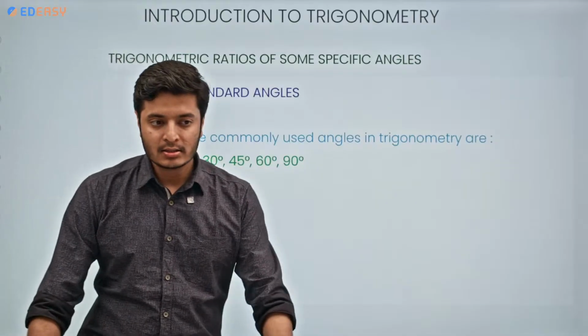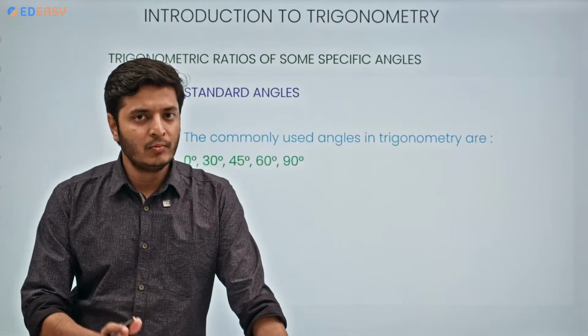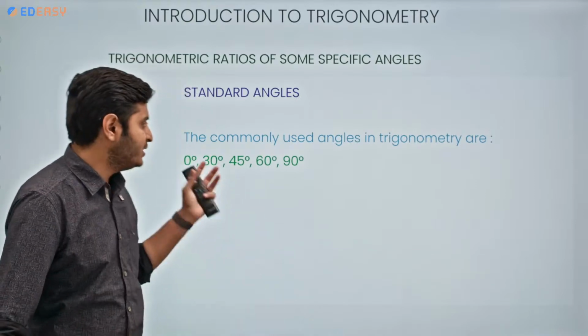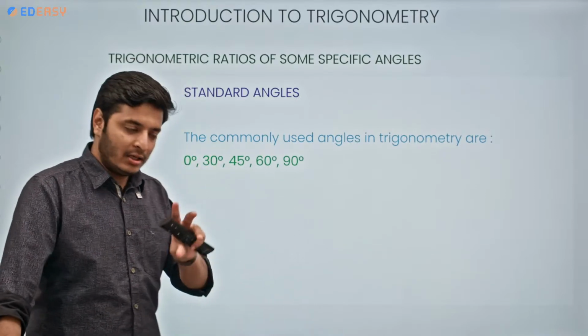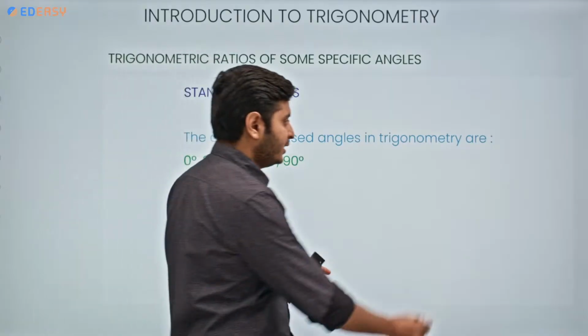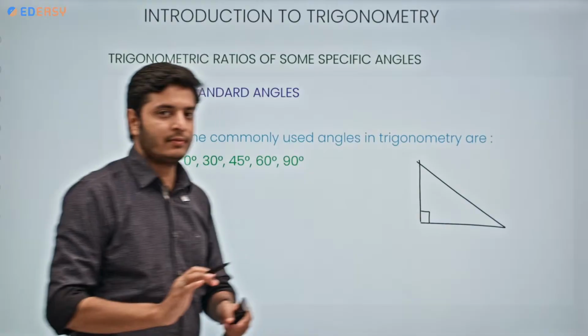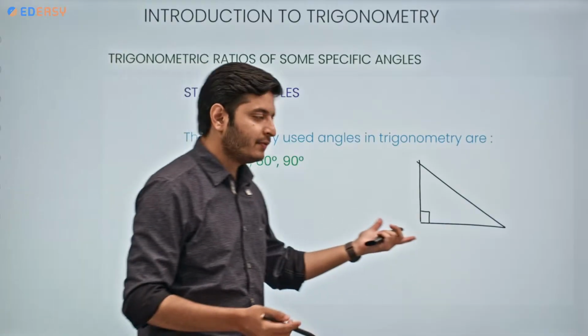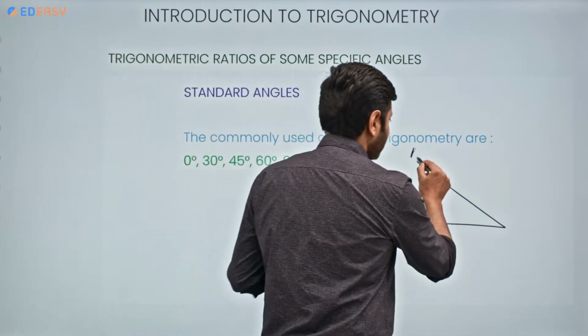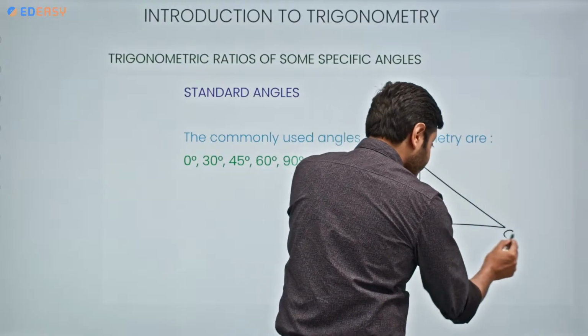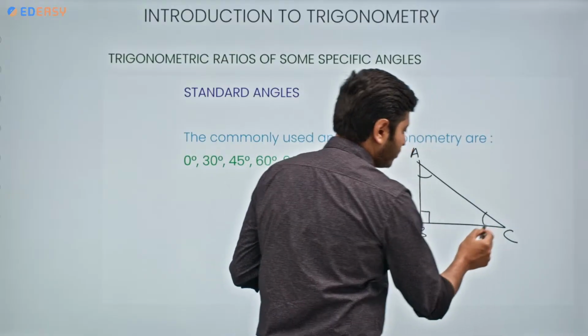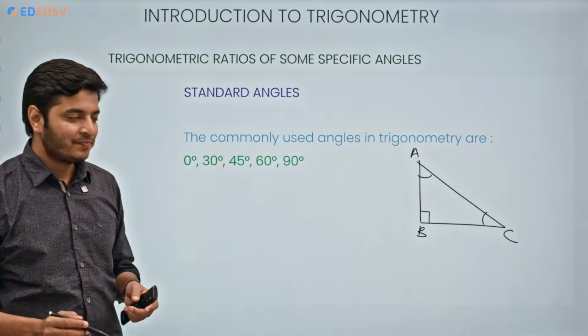standard angles. In 9th class, mostly we are dealing with these angles only. One angle is fixed. In the triangle that is given to us, suppose one angle is having a fixed value, that is 90 degrees, because we are dealing with right angle triangles, correct? The other angles, both the values are complementary to each other, correct?